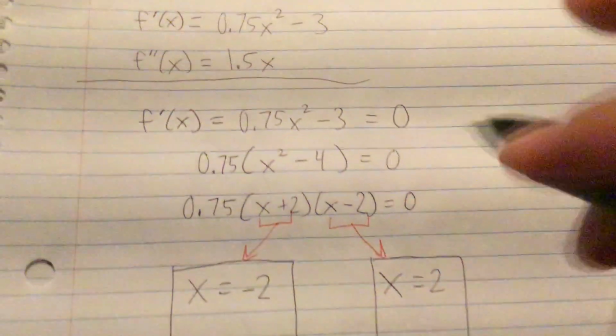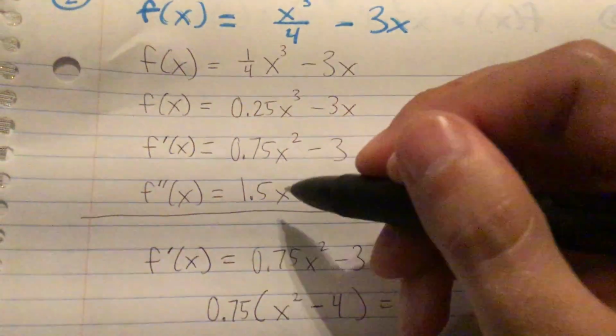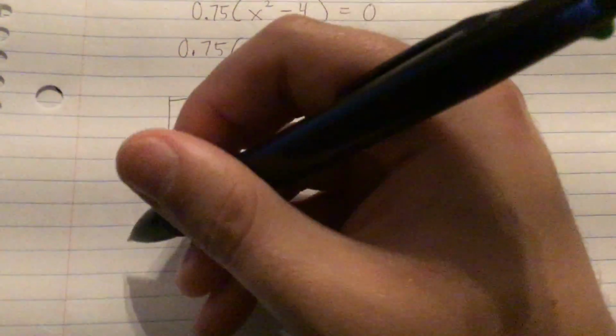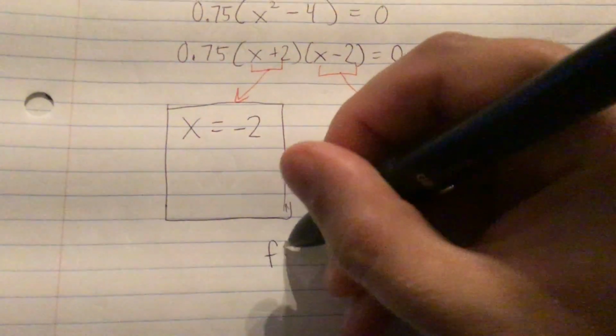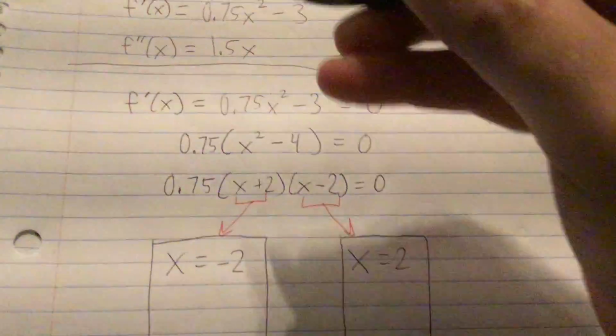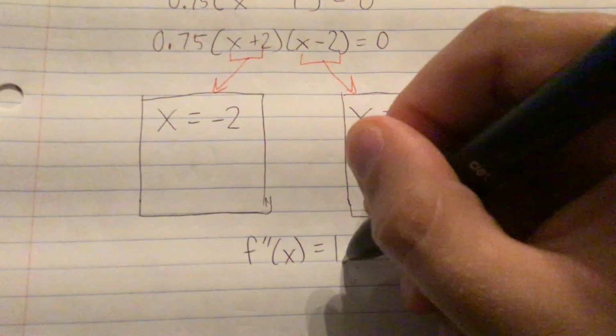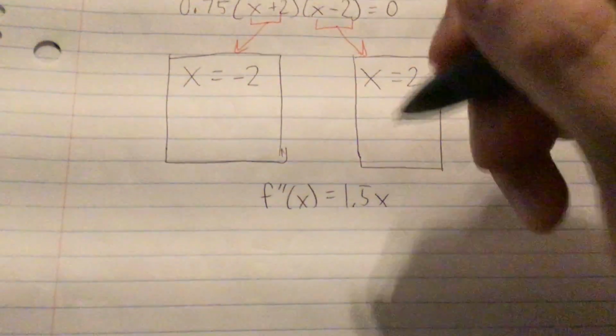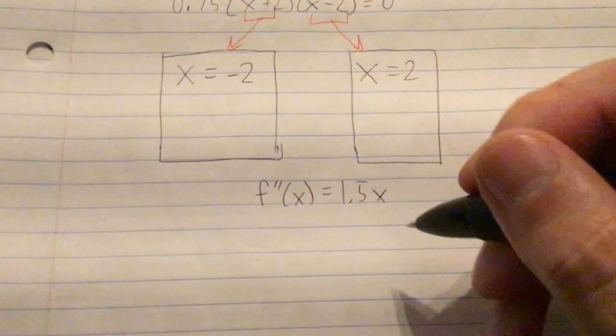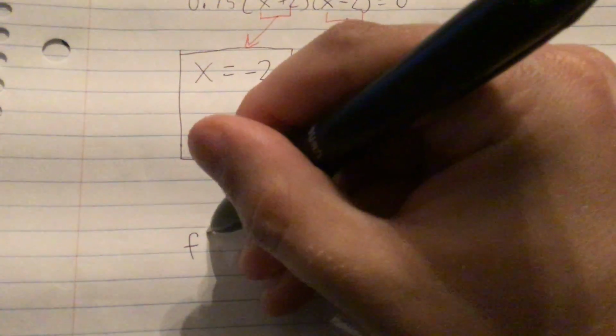So what do we do? We look at the second derivative and plug them in for each individual piece. Remember that the second derivative, I just don't want to keep scrolling up, is 1.5x. So I'm going to use the second derivative test to determine what the behavior is.